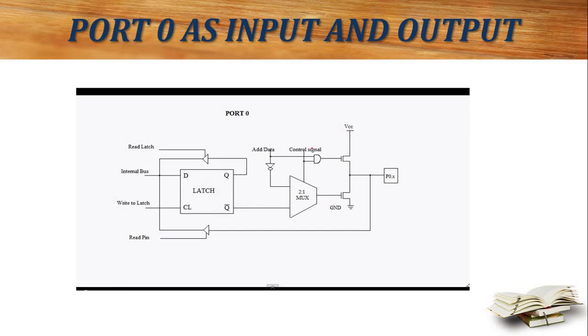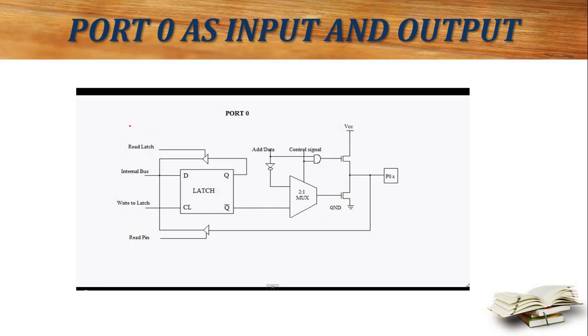Whenever I am passing only I/O pins, the control signal will be 0. When I am using address or data lines, the control signal will be 1. Here we get a plus 5 volt supply, because 8051 needs a 5 volt supply to feed the circuit, and this is the ground potential.